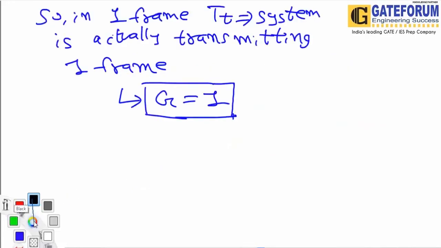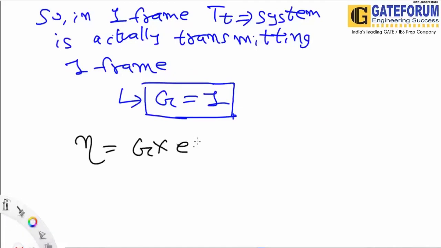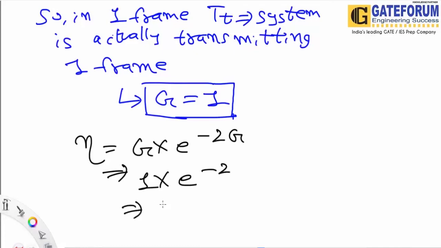So here you can calculate the efficiency, which would be G times e raised to minus 2G, which is 1 into e raised to minus 2, that's basically 1 upon 2.718 whole square. The value of e is a constant, which you can take as 2.71.